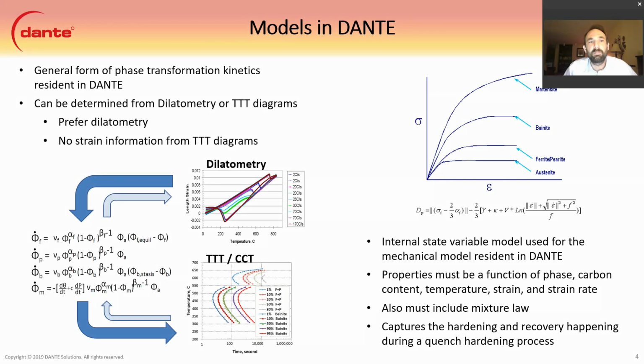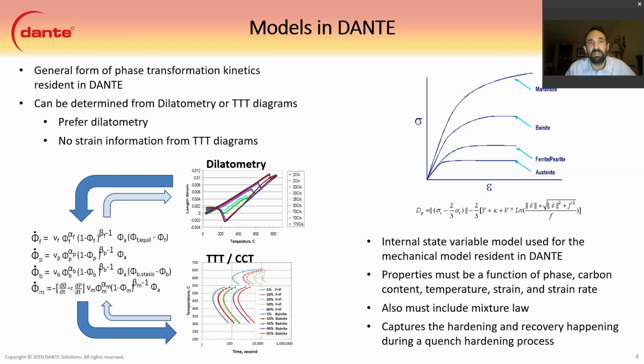The figure in the bottom left shows the general form of the phase transformations resident in the DANTE software. They show the phase transformation behavior for the 3 diffusive transformations in ferrite, pearlite, and bainite, and also the diffusionless transformation, which is temperature driven, in the martensitic transformation.